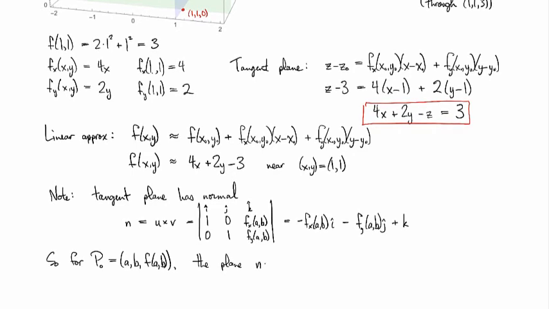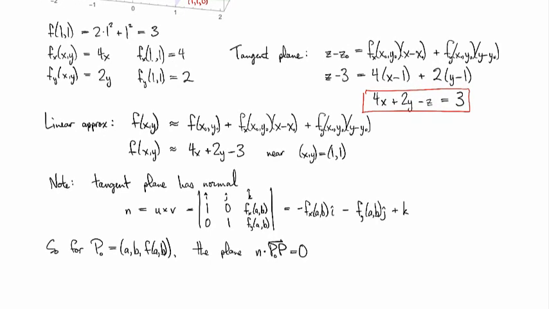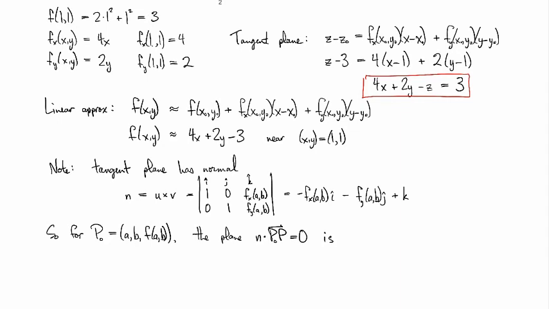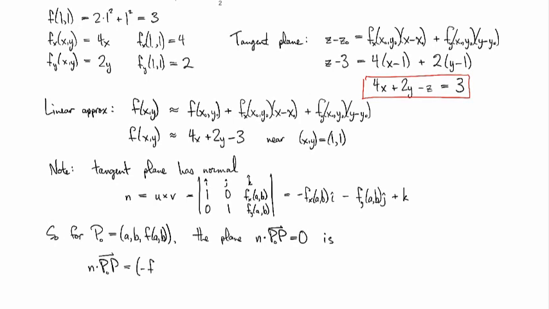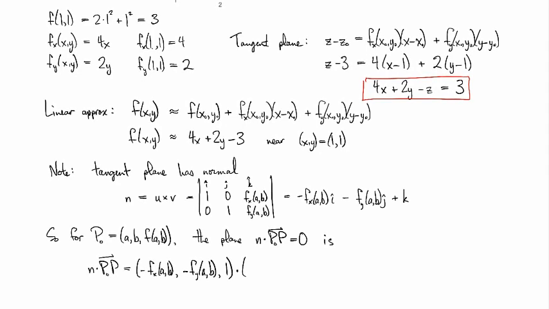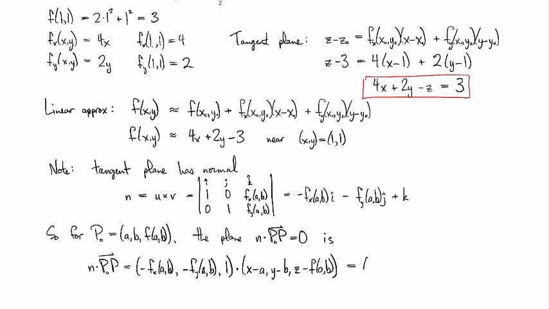Then the plane n dotted with p naught p equals 0 has the form, so we've got n dotted p naught p, where our n was minus fx(a, b), minus fy(a, b), 1, and we're dotting this against x minus a, y minus b, z minus f of a, b, and that's supposed to equal 0.